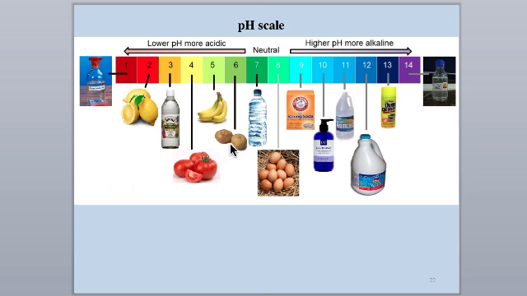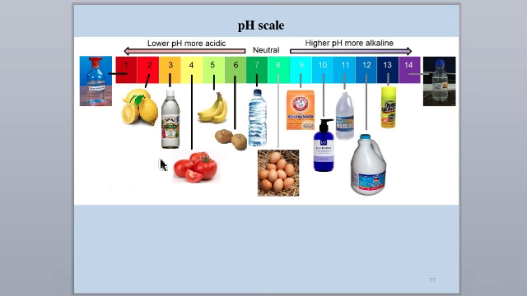The next up would be bananas and potatoes, and then we have water, which is pretty neutral, and eggs. Next up will be baking soda, soap, and then we start seeing the cleaning solutions here. There's soap, ammonia is at 11, we have bleach, I believe that's oven cleaner, and this solution, it's not really labeled on this scale, but I imagine that it's sodium hydroxide, which is a pretty basic solution that chemists frequently work with.